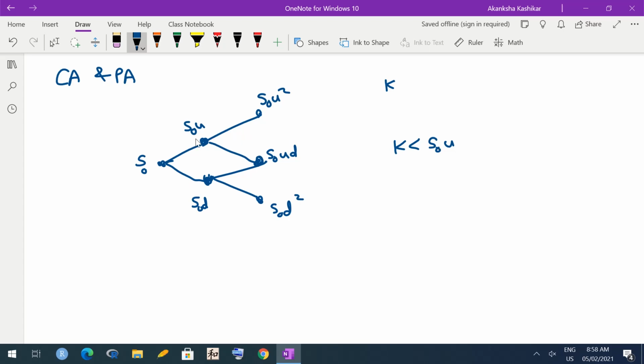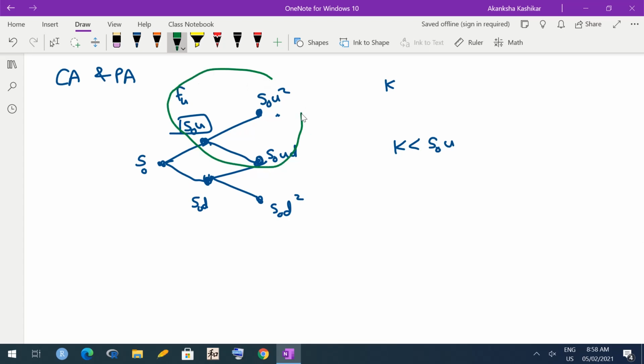But it is not just that. That is one possibility. K should be less than S0U for the call option to be exercised. But still, if you feel that after waiting you are going to get better results, means at this point the profit is more, then you may not want to exercise it now. Okay. So actually the call option would be exercised here if exercising here is more beneficial than waiting till the end. Okay. So how much you earn by waiting till the end is actually captured by FU, which we introduced earlier.